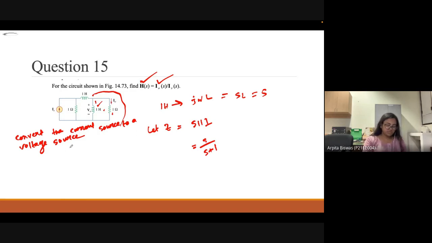The circuit becomes, okay, minus plus, and this will be Is into one resistance. Okay, and then the resistance 1 ohm will come. Then there is an inductance 1H, and there is a Z, that one.